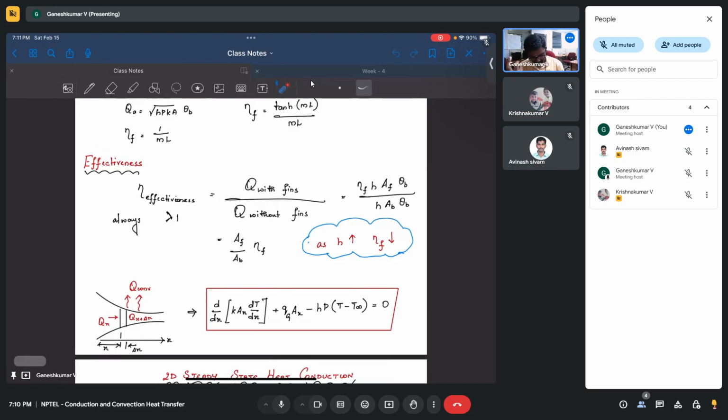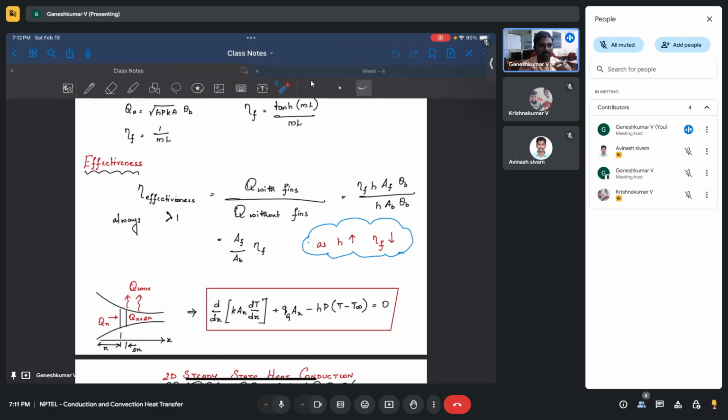And then finally we wrote this most general equation, which you can apply to any set of one-dimensional fin problems. If you know this equation, you can just substitute all the areas. If the area is variable, it's fine. K is variable, it's fine. If you have heat generation, that is also taken into account.